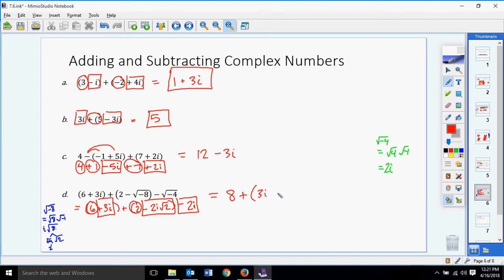Collecting even further, this has a radical. I can't subtract because no other things have a radical, but the 3i and the 2i can combine. So 3 minus 2 would be 1i. And then the rest would have to be on its own.